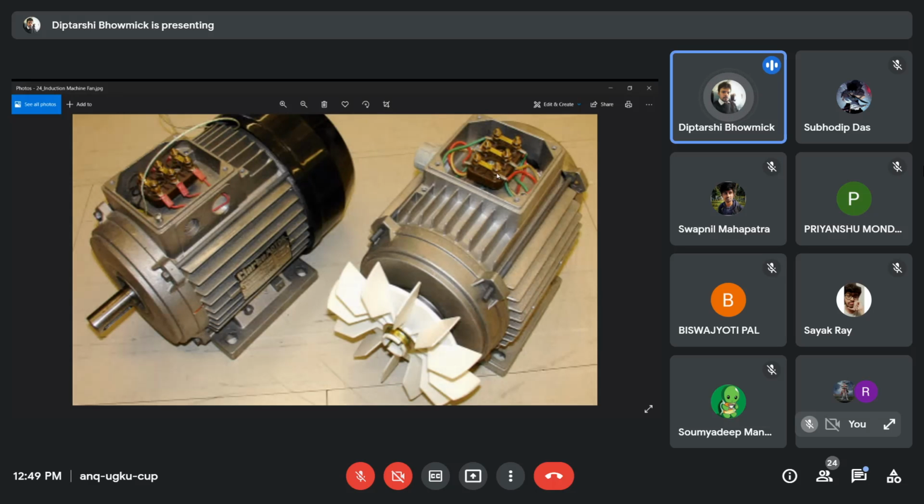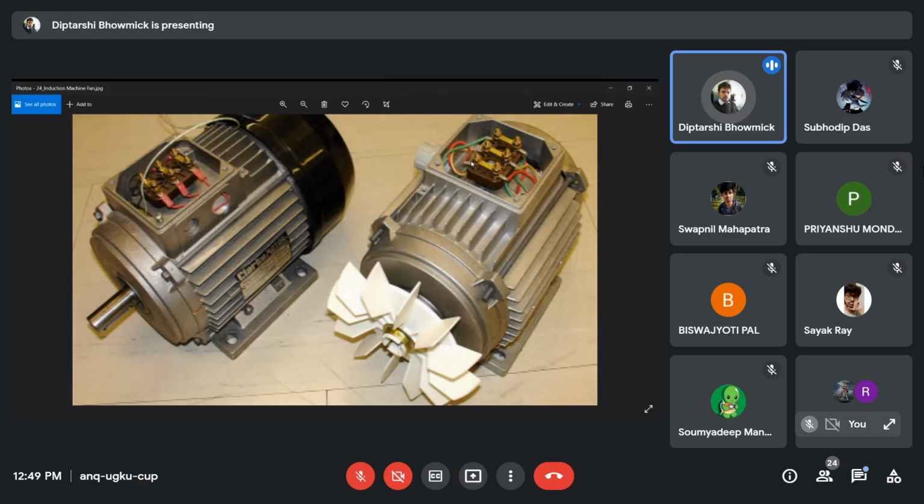You can see here there are 6 terminals. What are the 6 terminals? 2 terminals for R phase, 2 for Y phase, and 2 for B phase. Now if you connect one terminal each of R, Y and B together and give supply to the other terminals of R, Y and B, then it will be star connected.